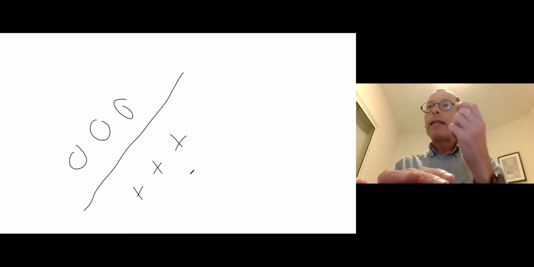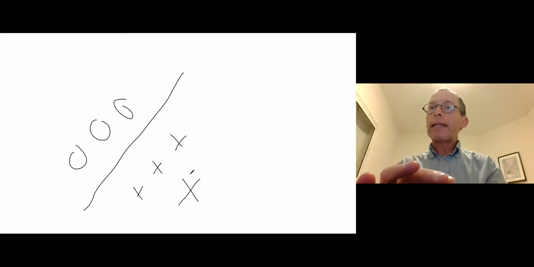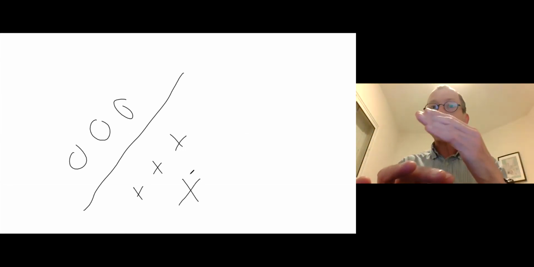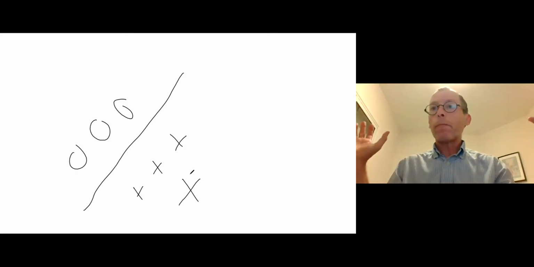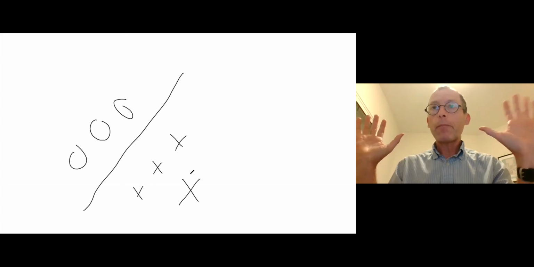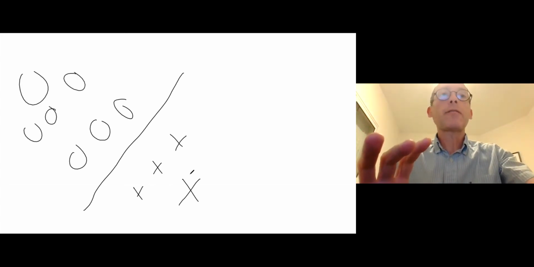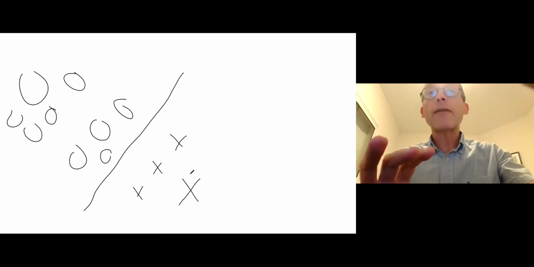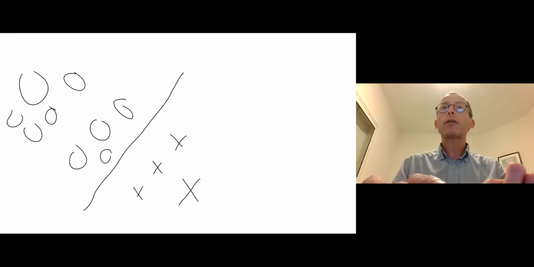Now, in least squares, if I add another point, it's going to impact the line because the line takes into account all the points. In max margin classifier, I can add this point, and the line doesn't move at all. It stays the same because the margin is not affected even if I had hundreds of points here. But if I had a point here, it might move the line because now I want the line to move slightly. That's the idea of max margin classifier.